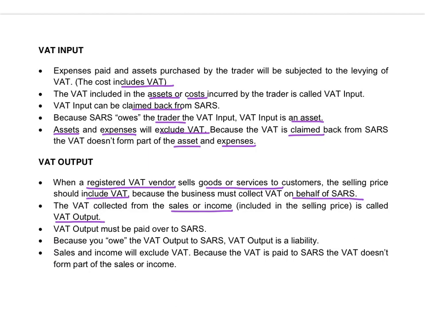And VAT output is a liability because we have to pay it to SARS. And the business owes this VAT to SARS. Therefore, the sales and income will exclude VAT in the ledger accounts, because this VAT that was collected is paid to SARS. It doesn't form part of the income for the business or the sales for the business.